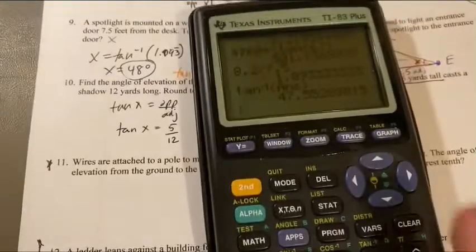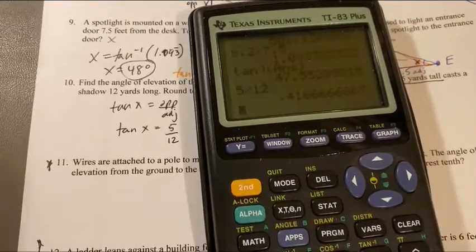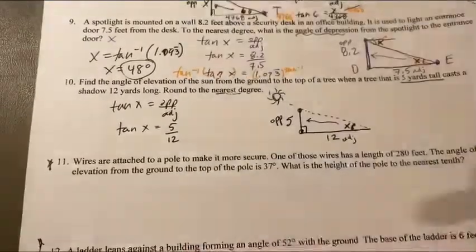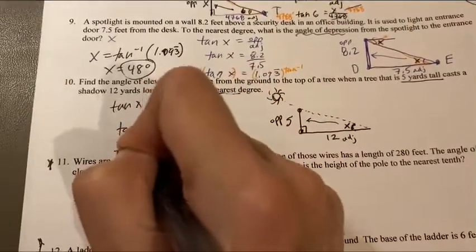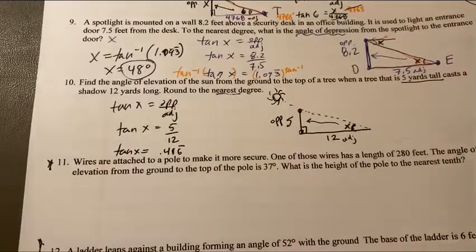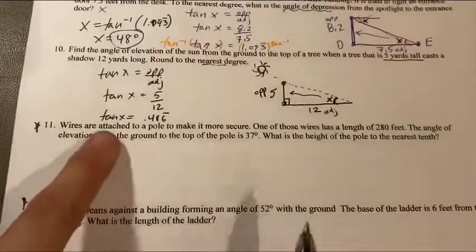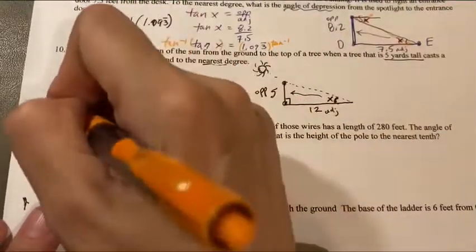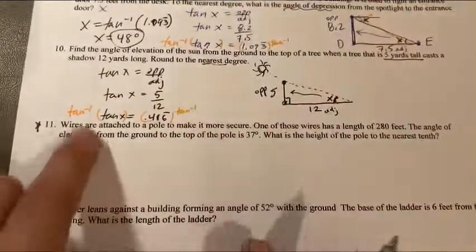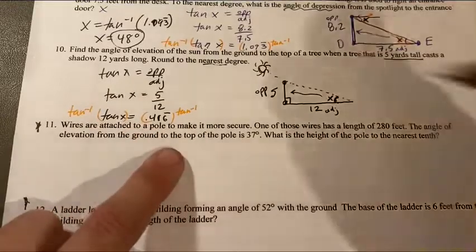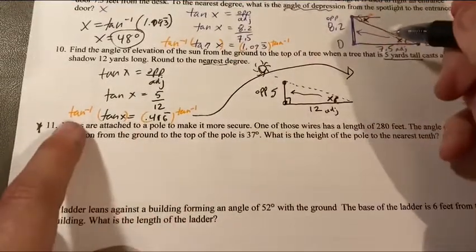So what is 5 over 12? Let's find out. 5 divided by 12 is this big old ugly number, 0.416 repeating. Okay, so this is keeping tangent from being by itself on one side, so let's do the inverse tangent. And so this side starts to get cleaned up here. I'm going to finish the problem over here.